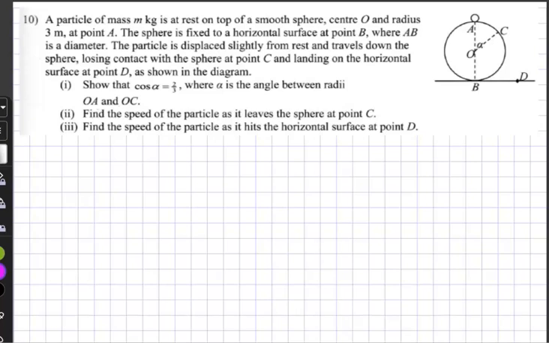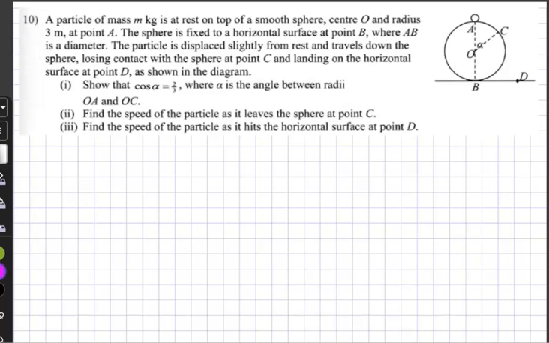A particle of mass m is at rest at the top of a smooth sphere, center O and radius 3. The sphere is fixed on a horizontal surface at B, where AB is the diameter, and the particle is displaced slightly from rest and travels down the sphere, losing contact with the sphere at point C and landing on the horizontal surface at point D. So the question is what's the angle?